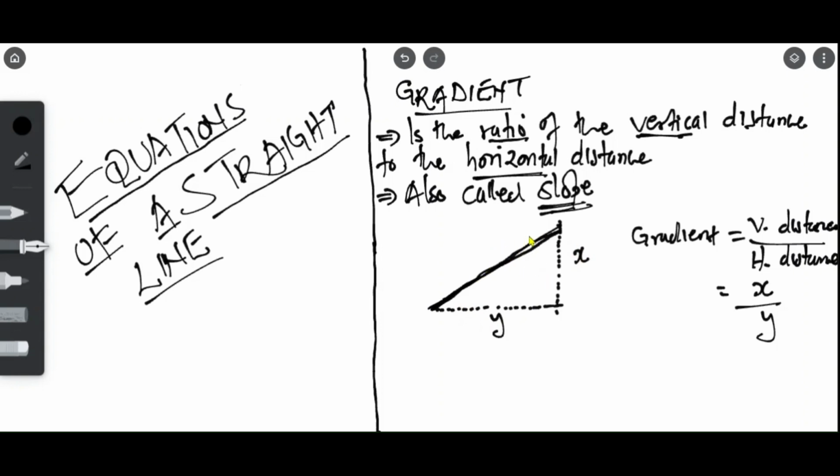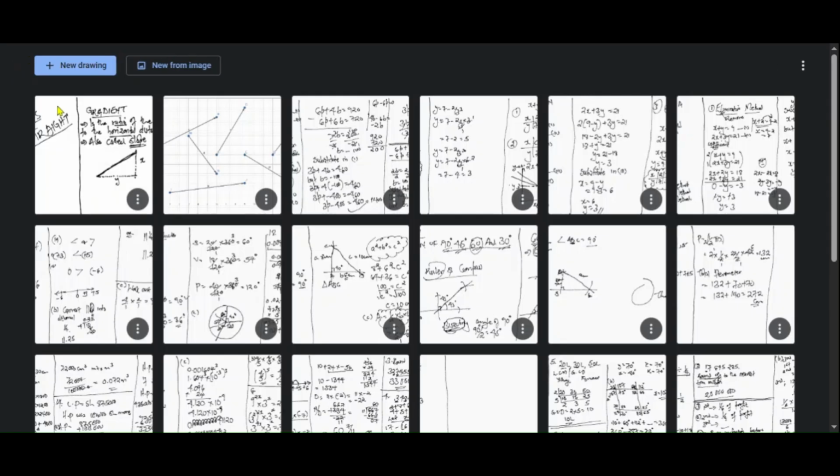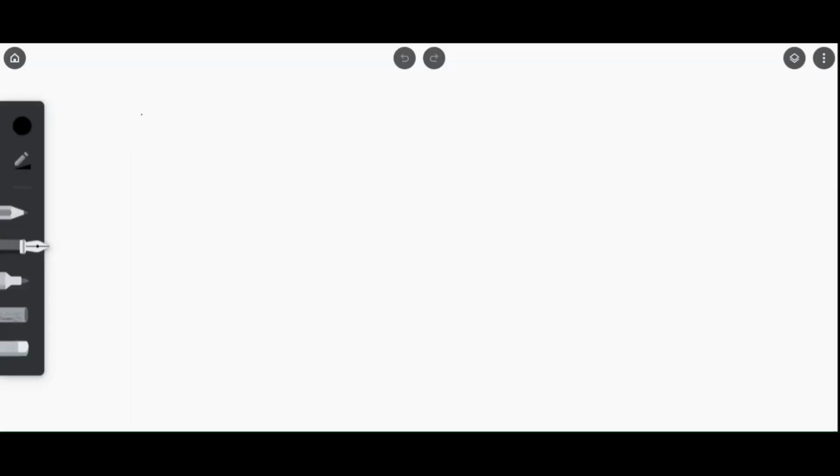Now, if I have a graph, how do I get the gradient? If I have a graph, how do I get the gradient? So if I'm given a graph, let me open another page here.